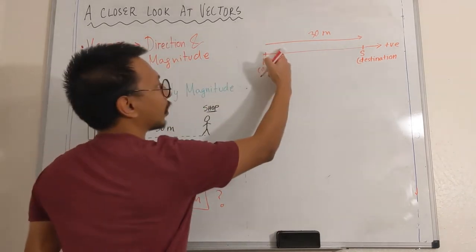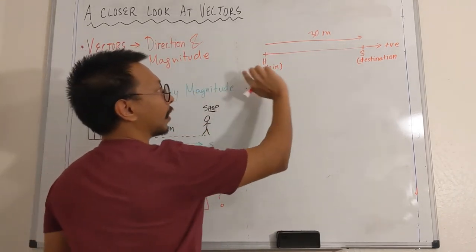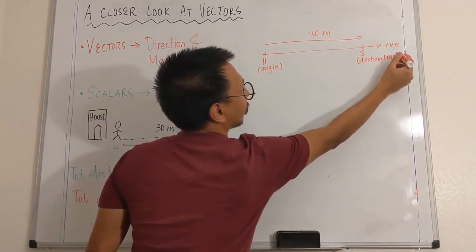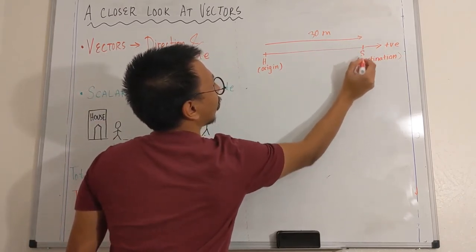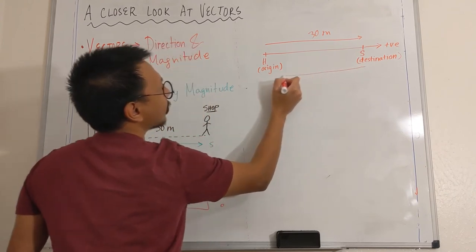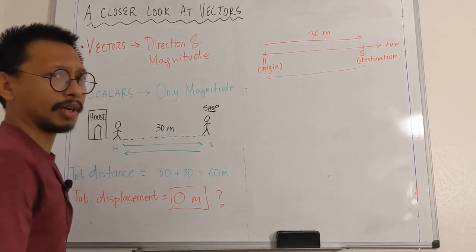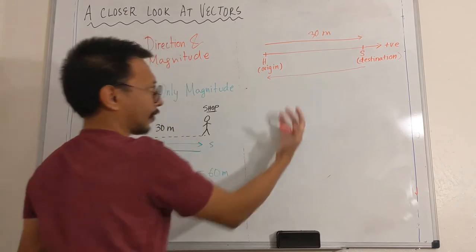Okay, so you cover a distance of 30 meters going from left to right, then you get your stuff and come back the exact same distance, but now from right to left.